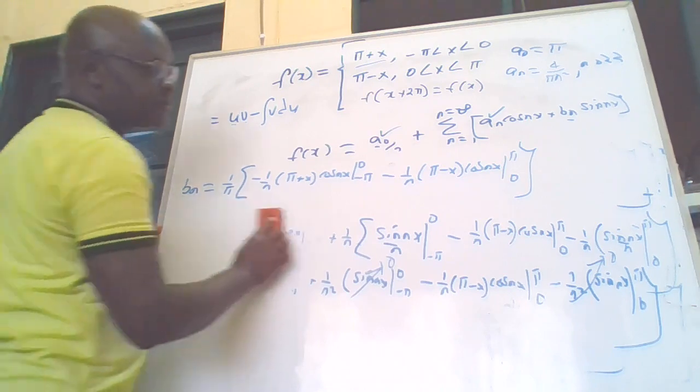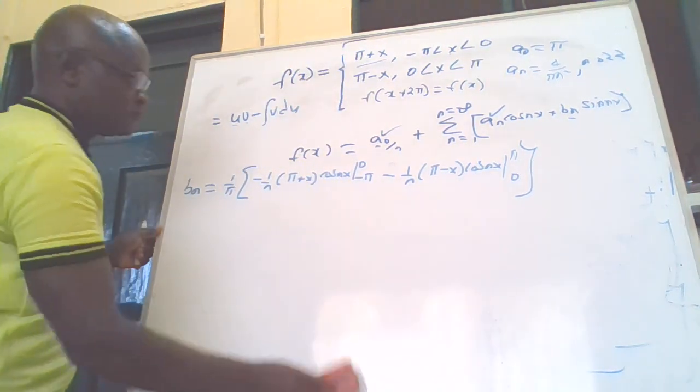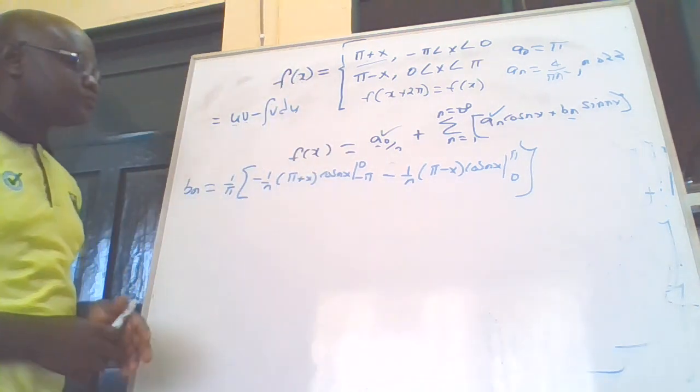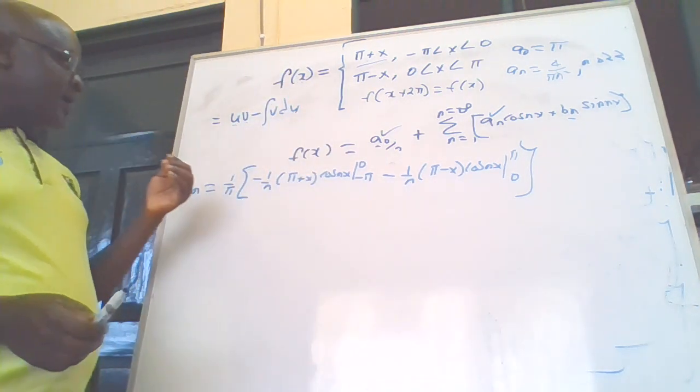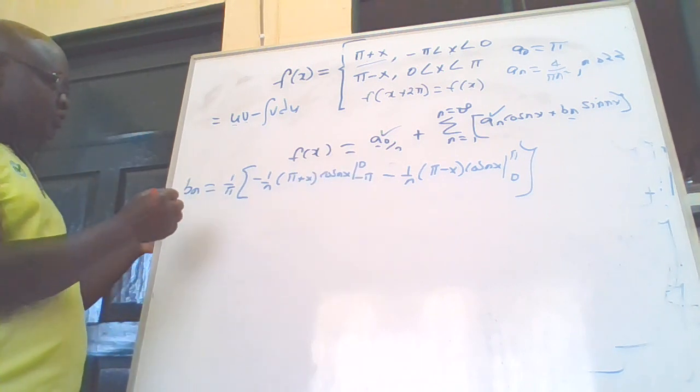Now we can wrap this. I can take out negative 1 over n because it's common.